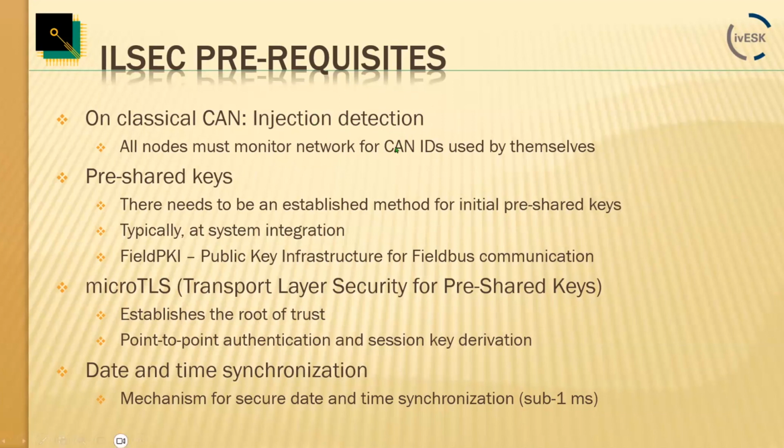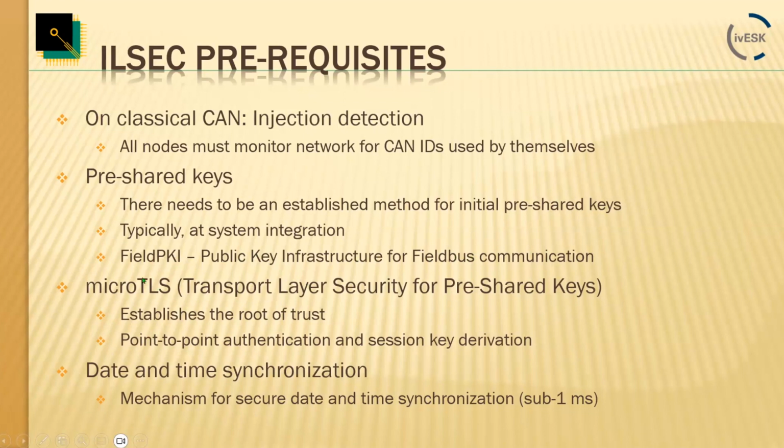But in combination with all the other features that CAN already has, they are, at least what we believe by now, at an acceptable level. Again, we also have pre-shared keys, and we will reference another work done by the University of Offenburg, Field PKI, Public Key Infrastructure for Field Bus Communication. For now, this is just the reference, so I'll keep it in here.